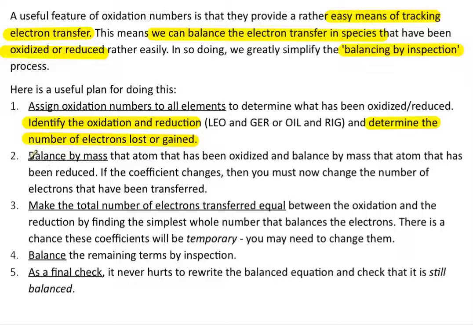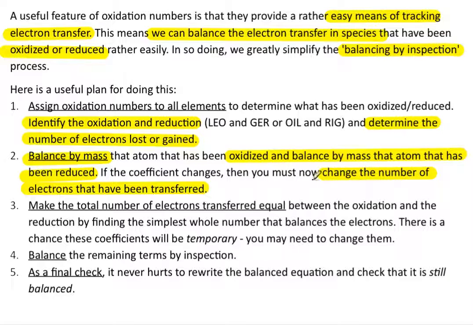You're going to balance by mass that atom that has been oxidized or reduced. Specifically, if you identify an oxidation, and those 2 atoms of that oxidation are not balanced, you balance it by mass. If you have to change the coefficient, you then change the number of electrons that has been transferred. I'll show you how that works in a minute, but that's very important.